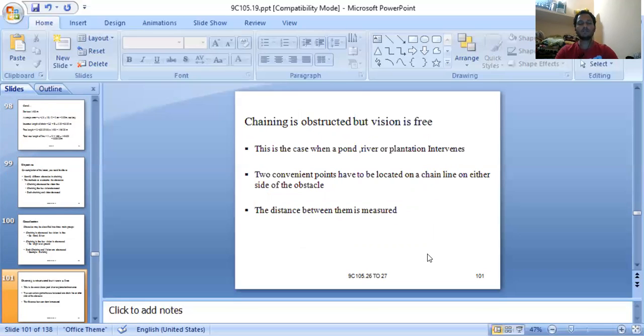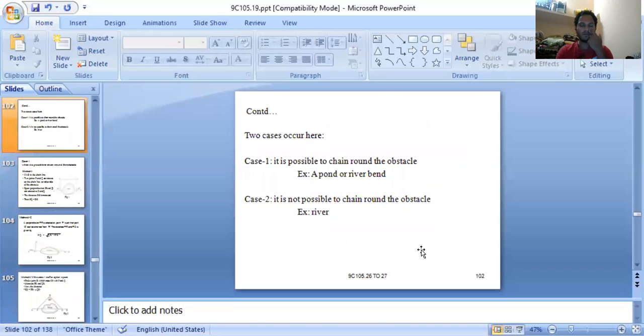Chaining is obstructed, but vision is free. This is the case when a pond or river or plantation intervenes. Two convenient points have to be located on a chain line on either side of the obstacle for finding the chain length. The distance between them is measured. We have two cases here. Case one is it is possible to chain round the obstacle.